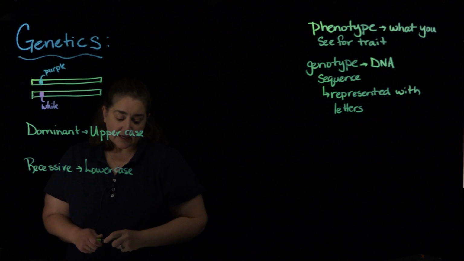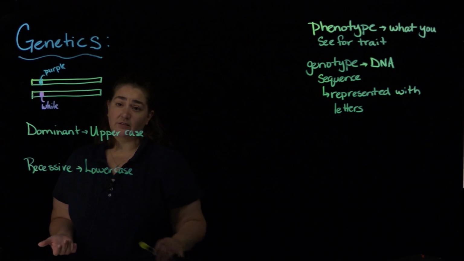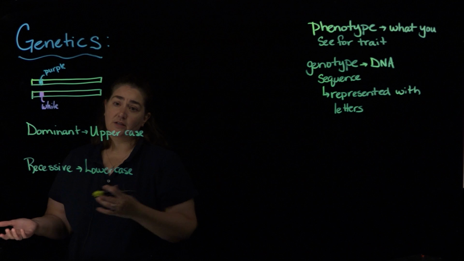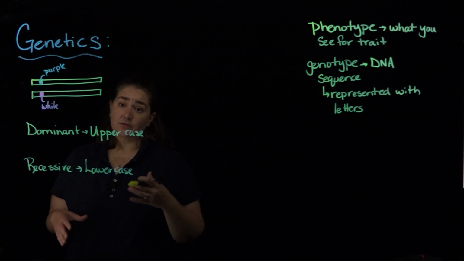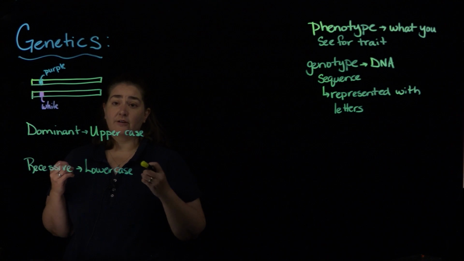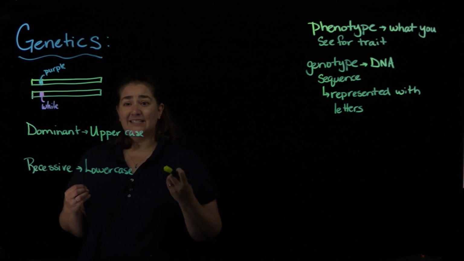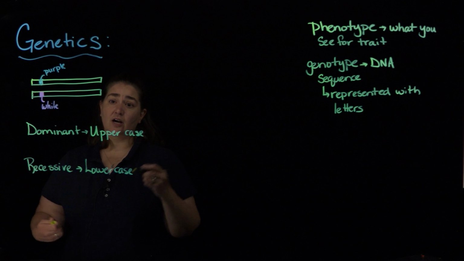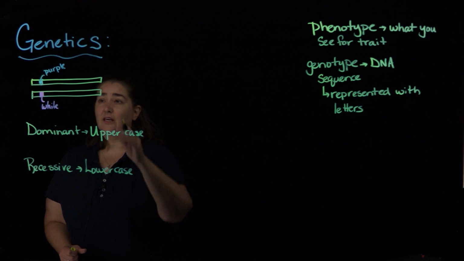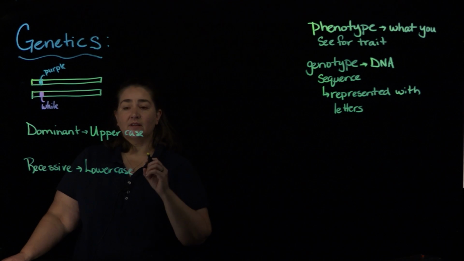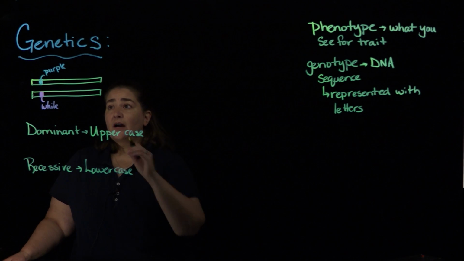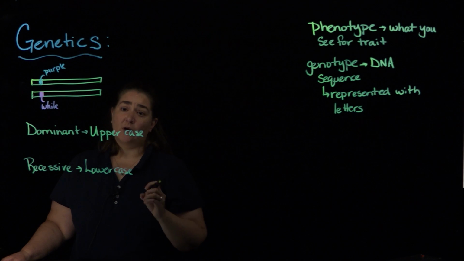And in defining the alleles, there's a little bit of variation in this. What I like to use when I define alleles in genetic crosses are letters that are easy to distinguish in upper and lowercase. So with our traits here, we've got purple and we've got white.